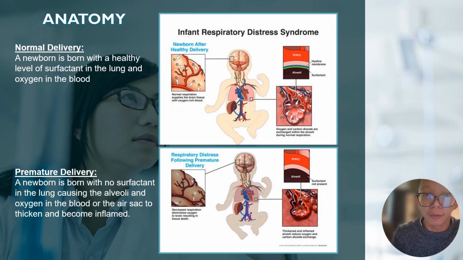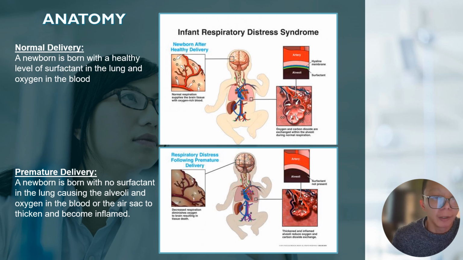Now let's go over the anatomy. As you can see, we have a diagram of a normal delivery up in the top corner and a premature delivery down at the bottom. With a normal delivery, the newborn is born with a healthy level of surfactant in their lungs and oxygen in their blood.